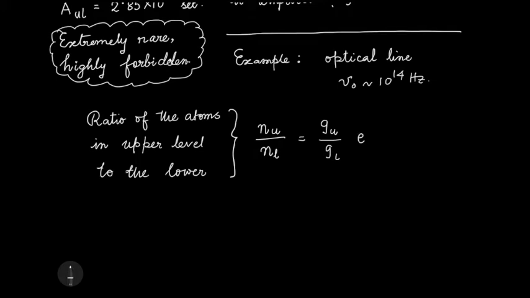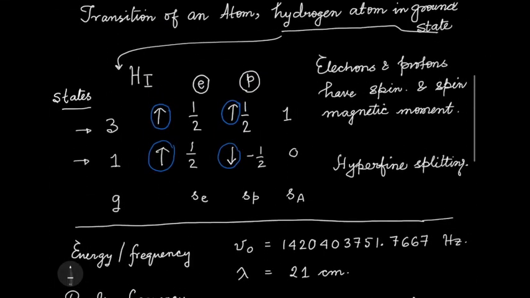We wrote this down, this comes from the Boltzmann factors: Nu by Nl equals Gu by Gl e to the minus h nu by kBT. Okay, so remember T is the temperature, so this nu is nu naught essentially. So let us have an estimate of what is Nu by Nl for such an optical line. And the ratio of Gu by Gl, just for the sake of understanding, let us take it to be 1.